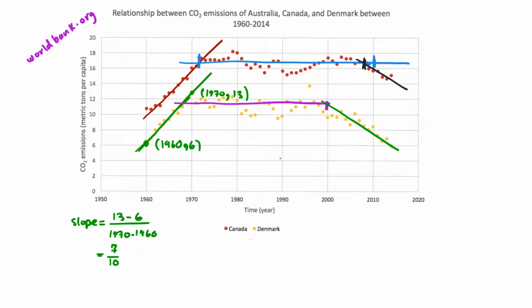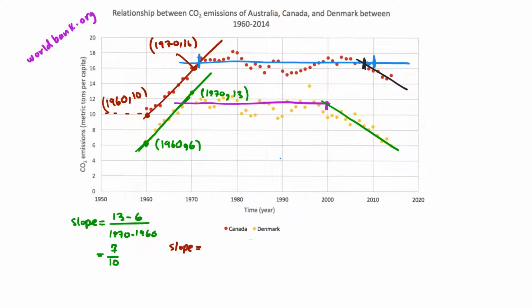And the slope for Canada is very similar. I'm going to calculate it using red for the first one. I am going to take 2 points. I'm going to take this point, which is 1960 and approximately 10 for my y value. And I'm going to take one other point, this one over here, approximately 1970 and approximately 16.